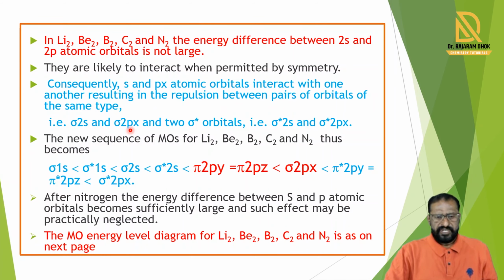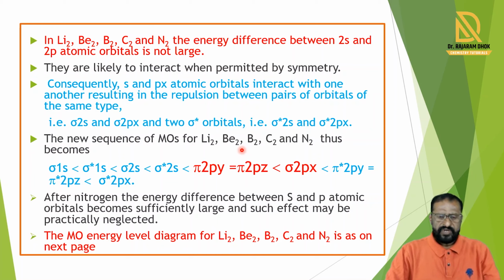So in case of the lithium, beryllium, boron, carbon and nitrogen molecules, the energy sequence order is changed, and that change is observed between sigma star 2s and pi.